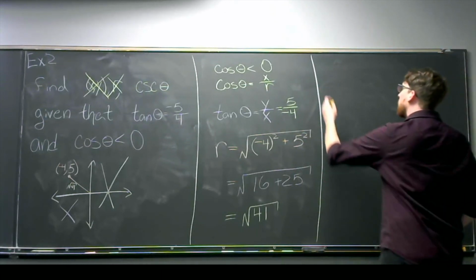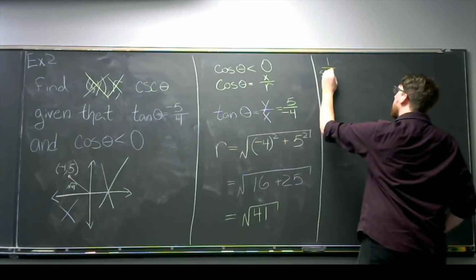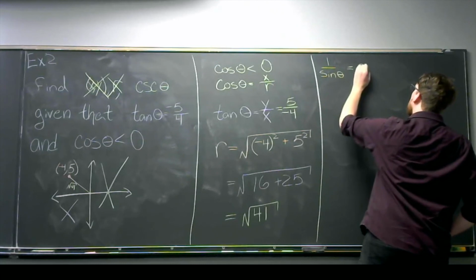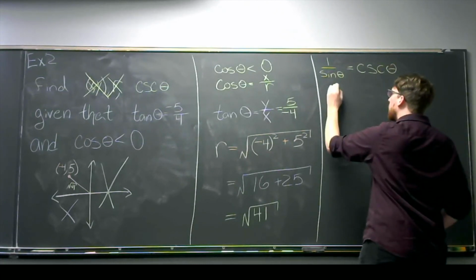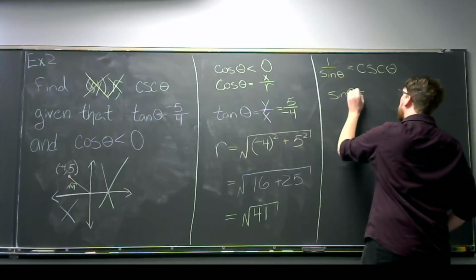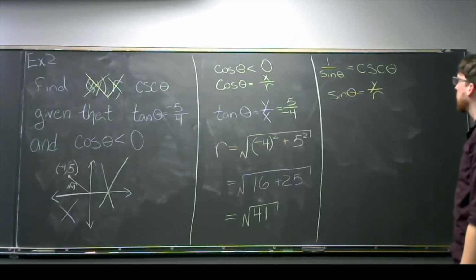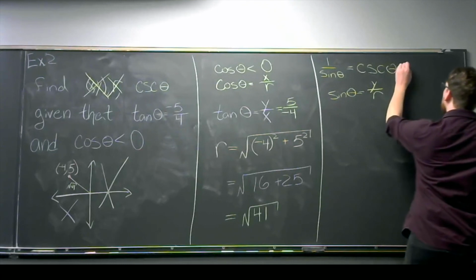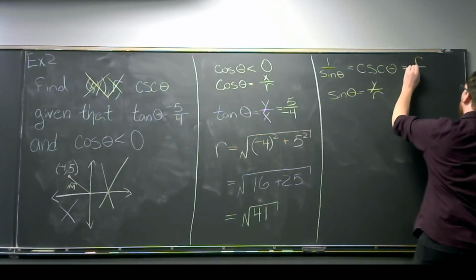So since cosecant is 1 over sine, and sine is equal to y over our radius, that must mean cosecant is equal to our radius over our y.